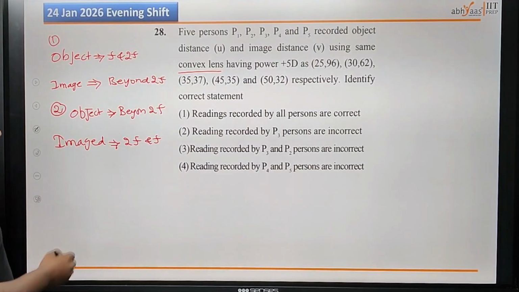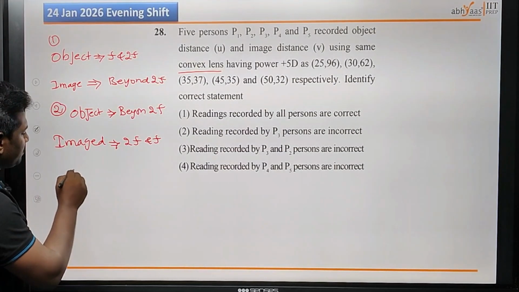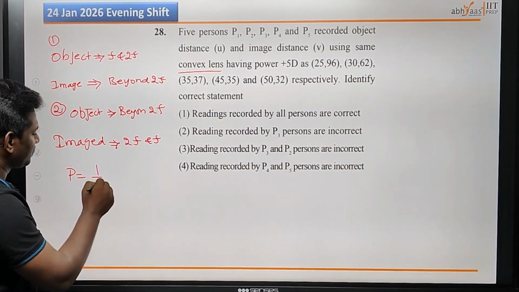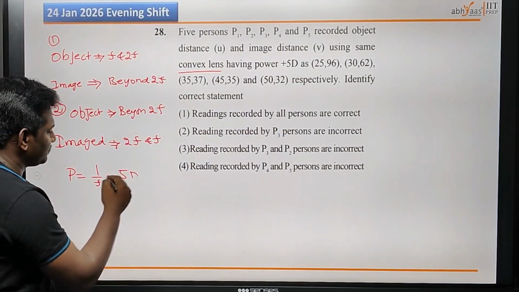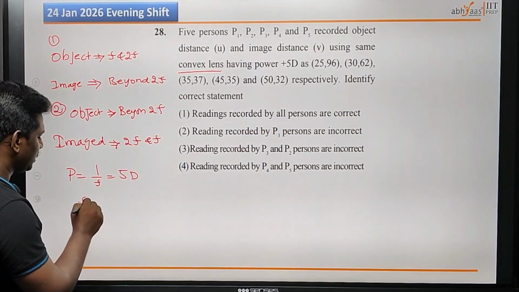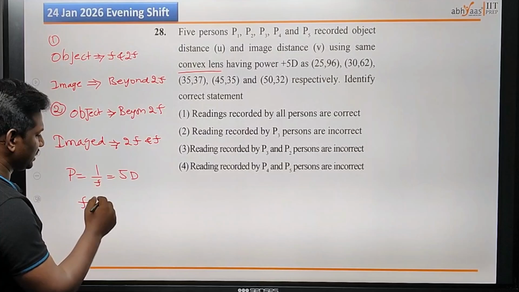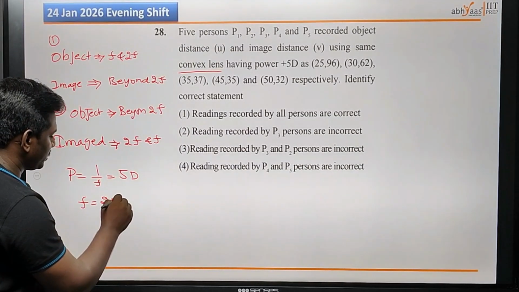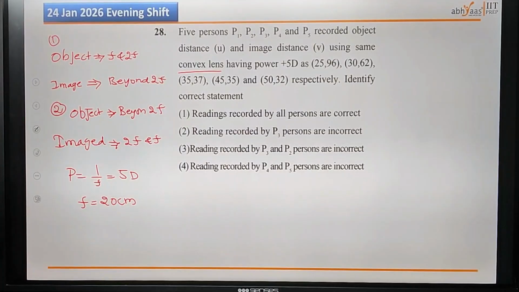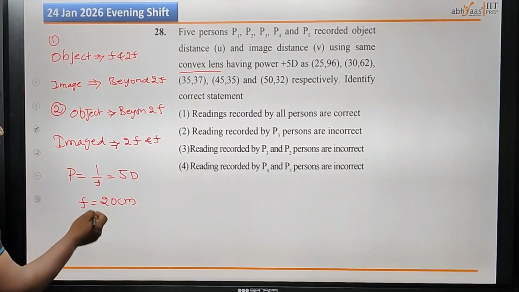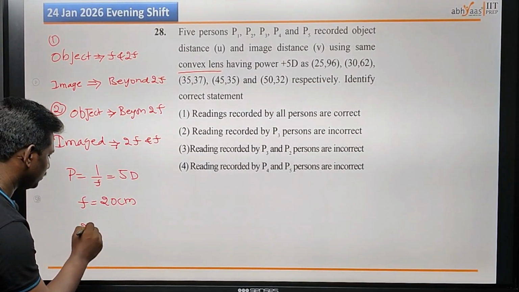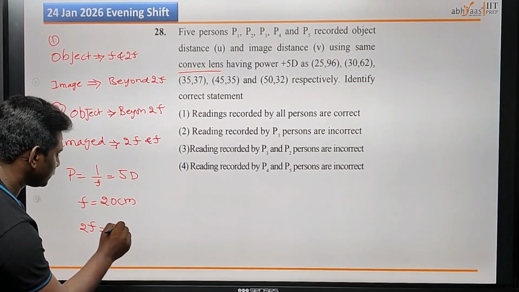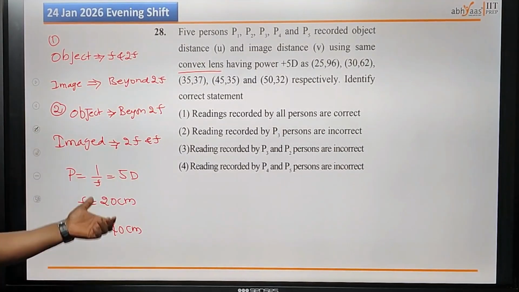How to find F? Power can be written as 1 by F, that is nothing but 5D. So if you find F, you are getting 20 centimeters. So F is 20 centimeters, and 2F is 40 centimeters. What is the condition here?